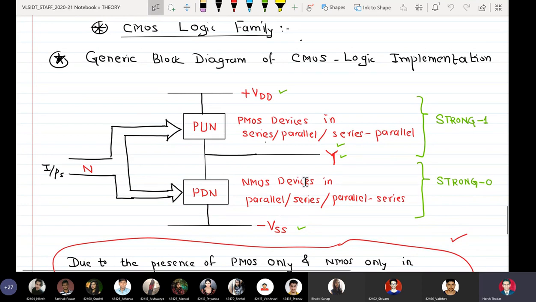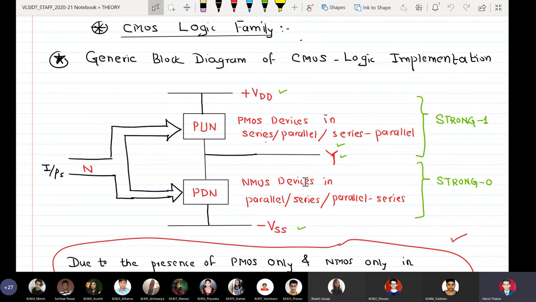In the pull-up network, I can have all PMOSs in series, then I will have all NMOSs in parallel in the pull-down network. If I have all PMOSs in parallel in the pull-up network, I will have NMOSs in series in the pull-down network. If I have PMOSs in both series as well as parallel connectivity in the pull-up network, I must have NMOS devices in parallel-series connectivity in the pull-down network.